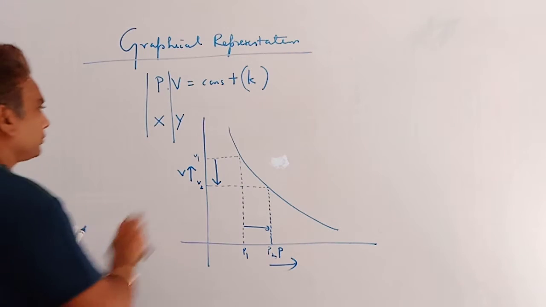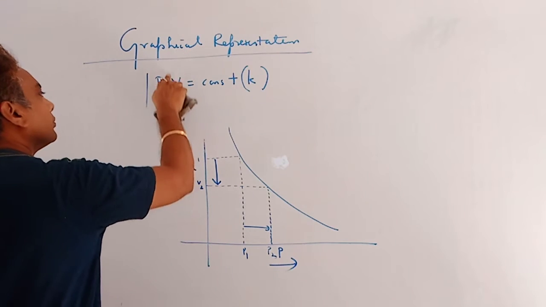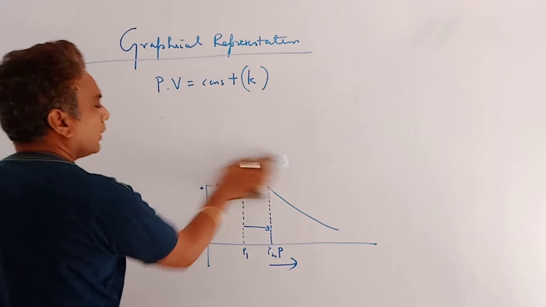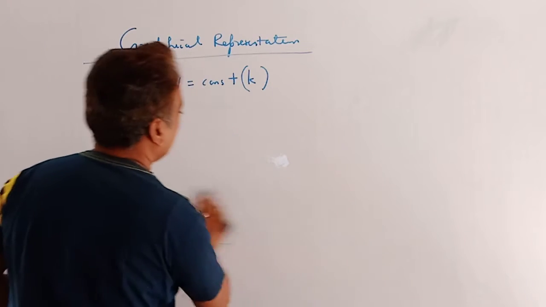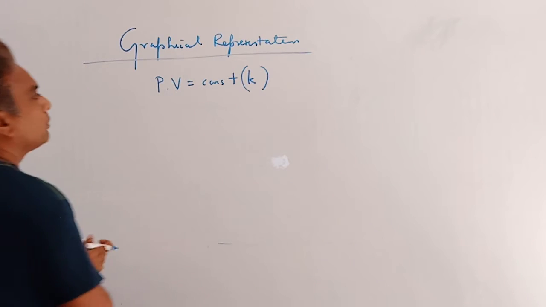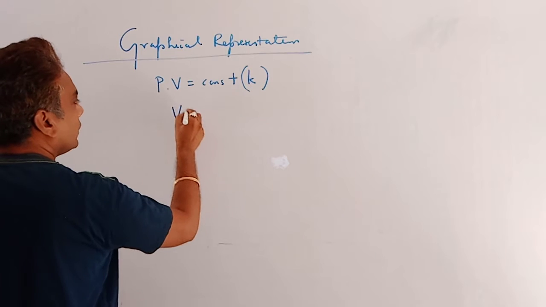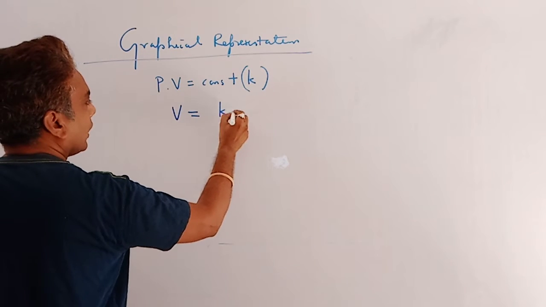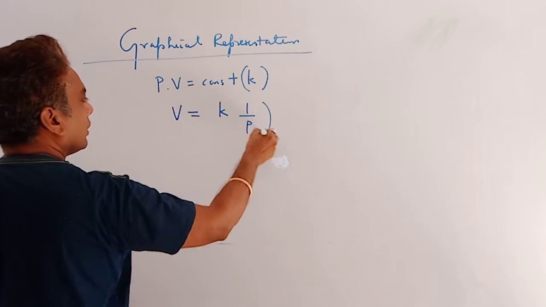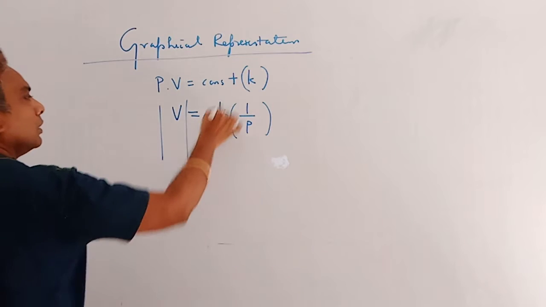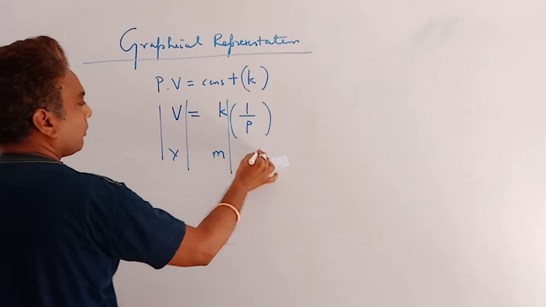Similarly, by using different variables, suppose PV is equal to constant, so V is equal to K into 1 by P. Clear? Y is equal to mx.